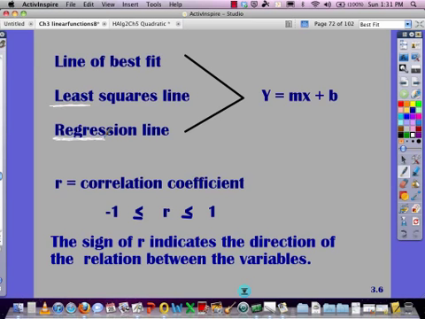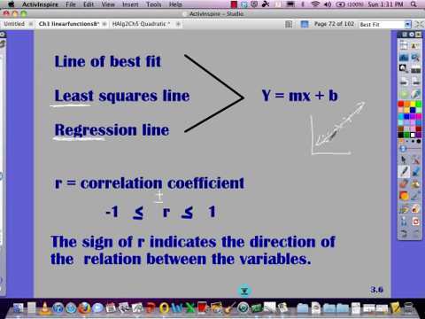The R value that we're going to talk about is called the correlation coefficient. That R value will be a value that your calculator spits out. It will be a number between 1 and -1, and there are lots of numbers between 1 and -1. The sign of R, by that I mean positive or negative, indicates the direction of the relation between the variables. So what we just talked about on our sequence, if we got a positive slope, then our R value will correspond to a positive value.